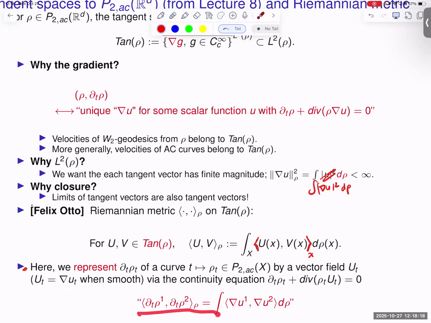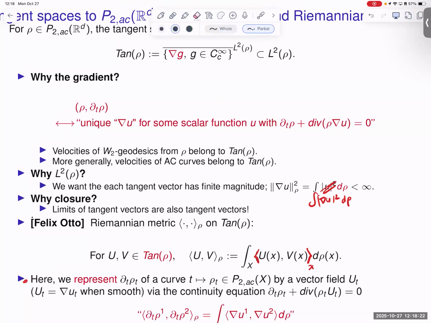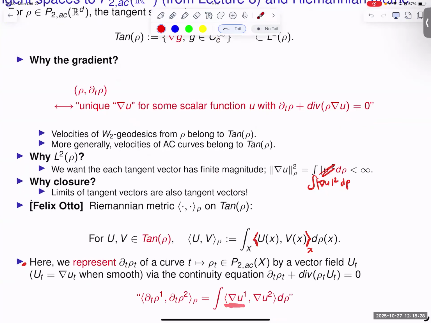The reason I didn't write it this way is that our tangent vectors are given as the limit of some gradient thingy, so I try to avoid writing directly gradient U1. But when things are smooth, for example, then of course the Riemannian metric is given by just the integral between the gradient functions.